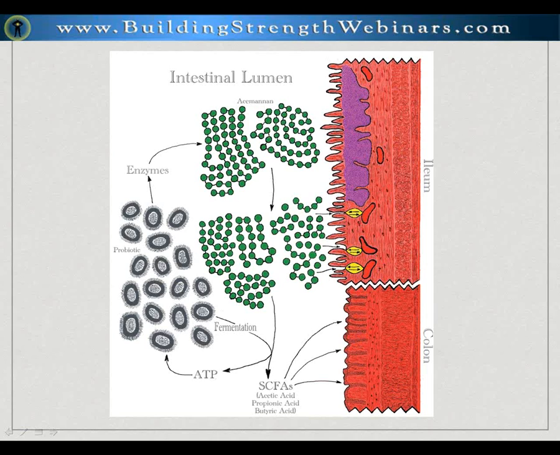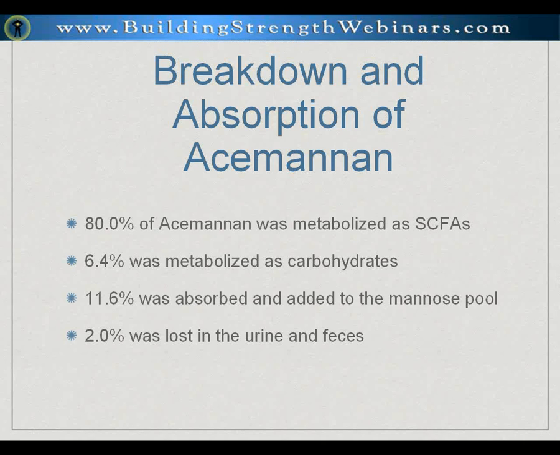We present the studies that show if you take labeled ace mannan, that is, you grow it in a C13 atmosphere for carbon-13 instead of carbon-12, you can follow all the carbons in the ace mannan.